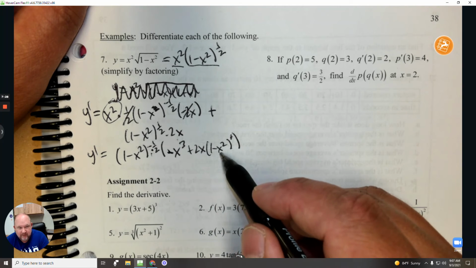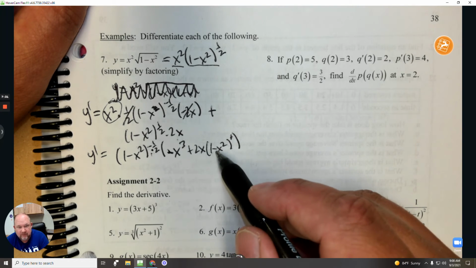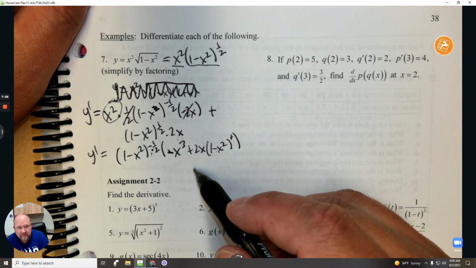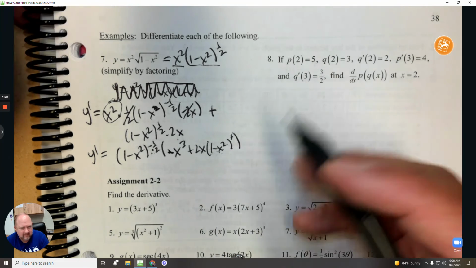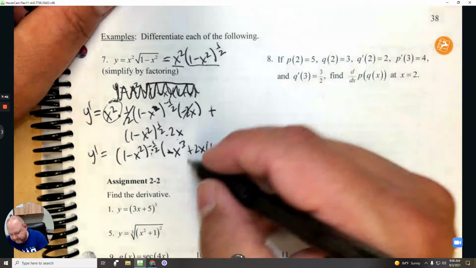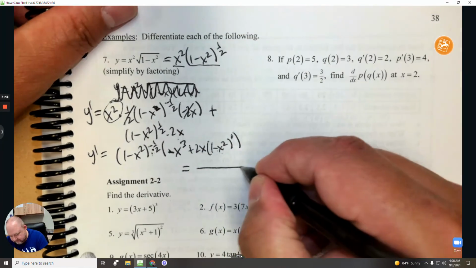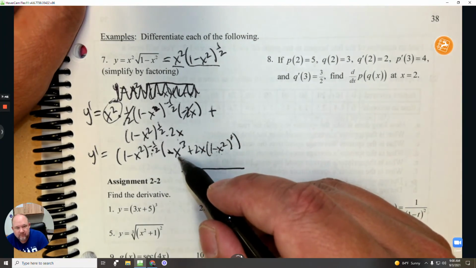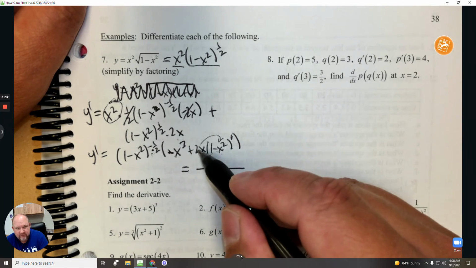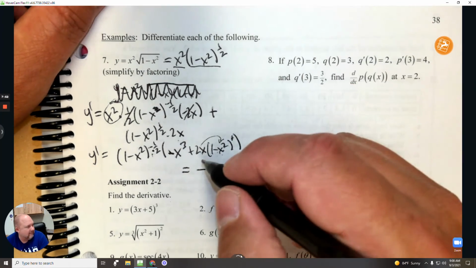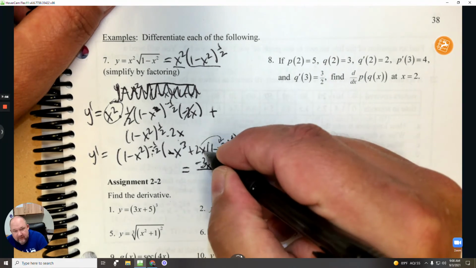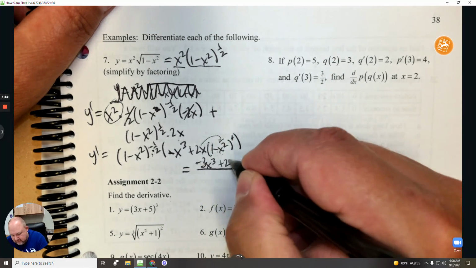So 2x times x squared, so it's negative x cubed, negative 2x cubed, so that's negative 3x cubed plus 2x, all over, multiply this together, that's negative 3x cubed, and then 2x times 1 is 2x.